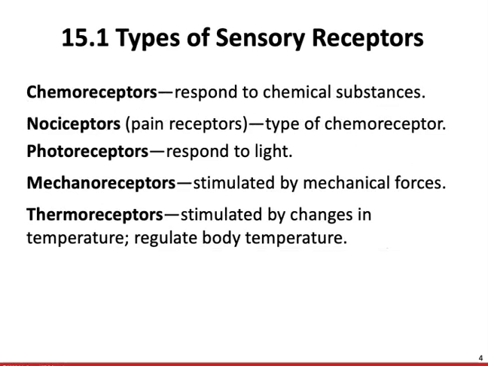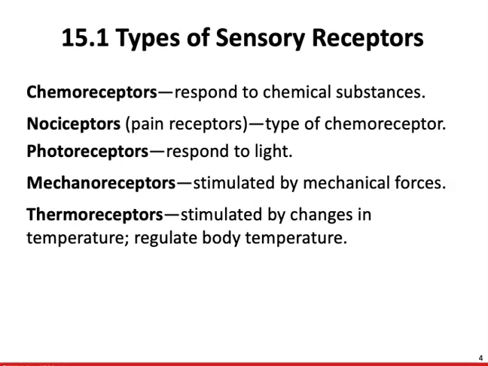So there are different types of sensory receptors. Those are classified into 4 different categories: chemoreceptors, photoreceptors, mechanoreceptors, and thermoreceptors. Chemoreceptors are responsible for responding to chemical stimuli. So, for example, things like our taste, smell, and blood pH are all chemical stimuli, and they're picked up by chemoreceptors.